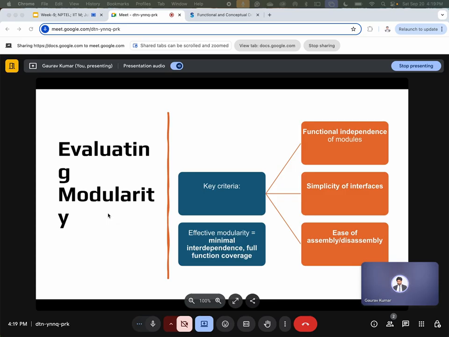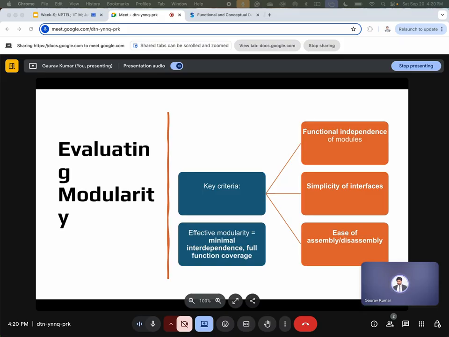Next one is evaluating modularity. Evaluating modularity involves assessing the degree to which product modules are independent and self-contained.